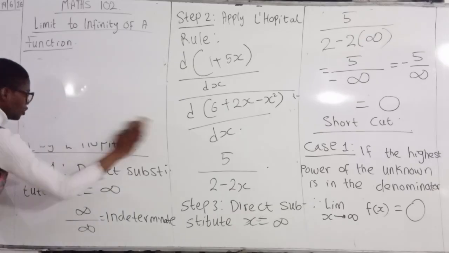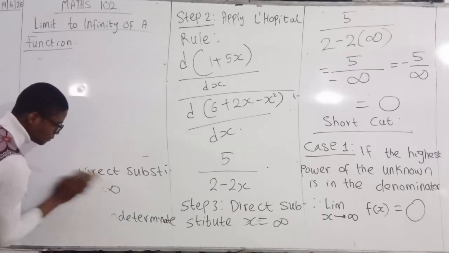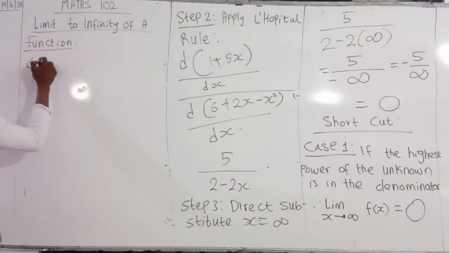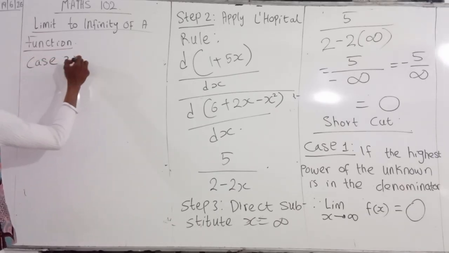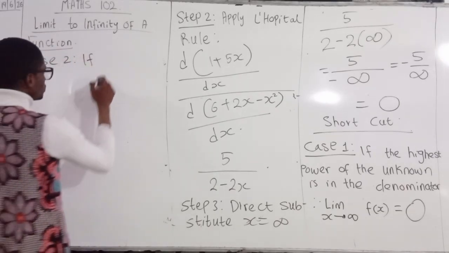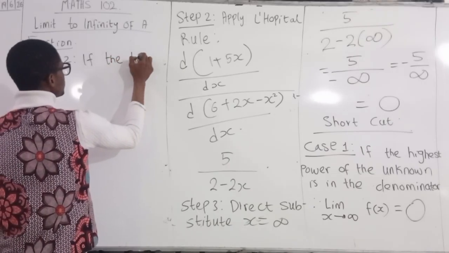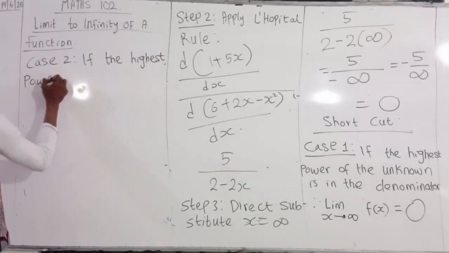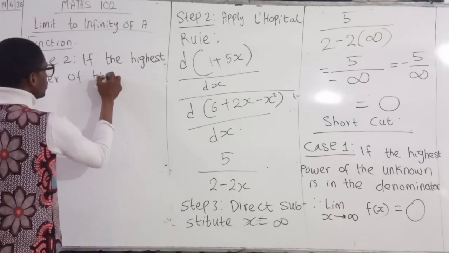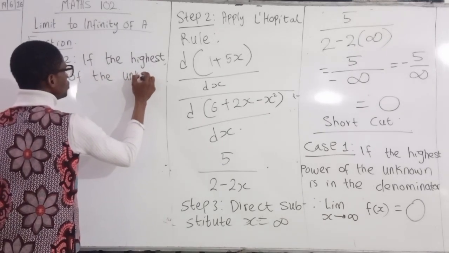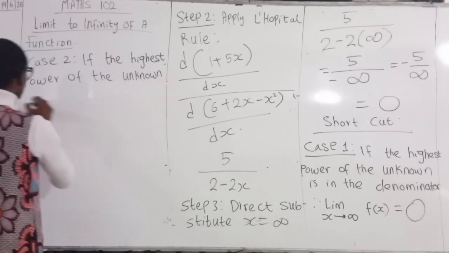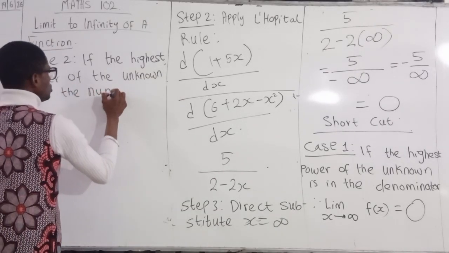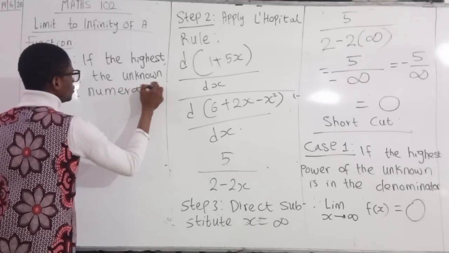Now case 2. What is case 2? Case 2 says, if the highest power of the unknown is in the numerator, what would you have?